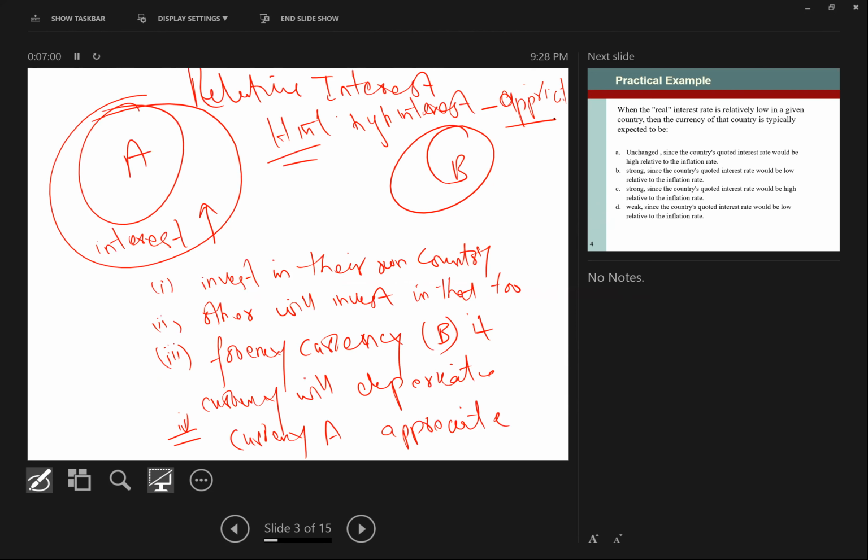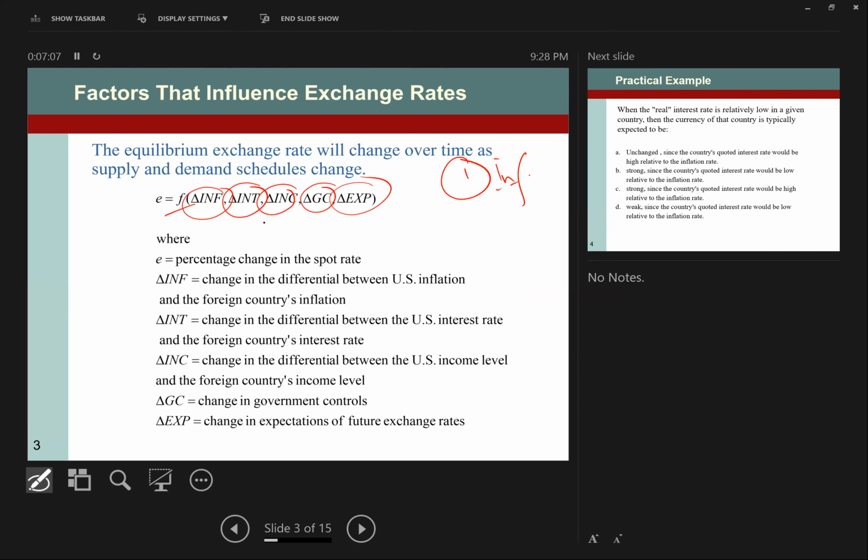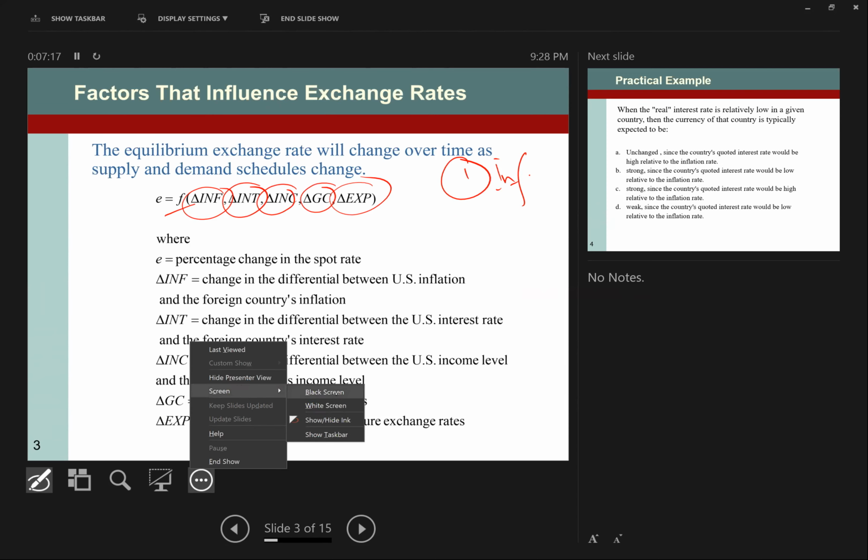Anyone else who wants to contribute or still doesn't understand? No one? Okay. The next one is relative income. I'll ask Laura.